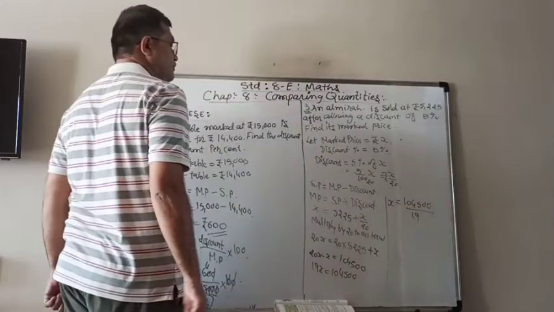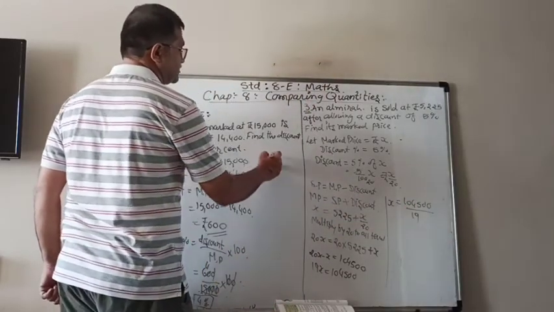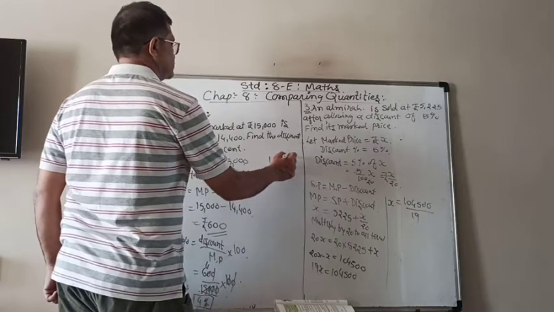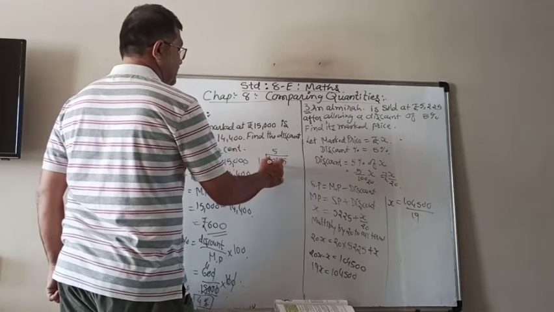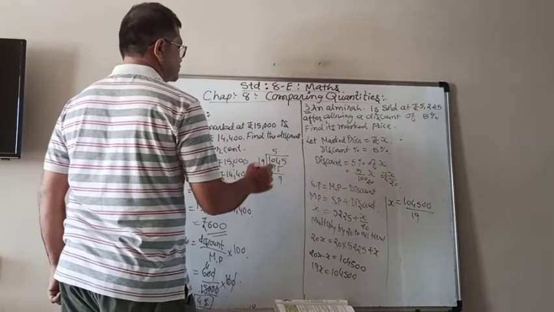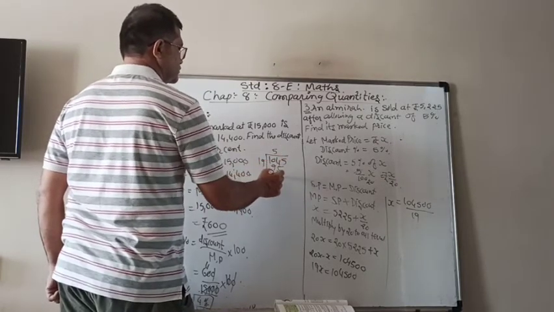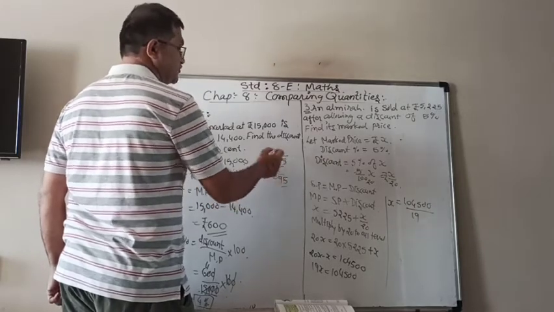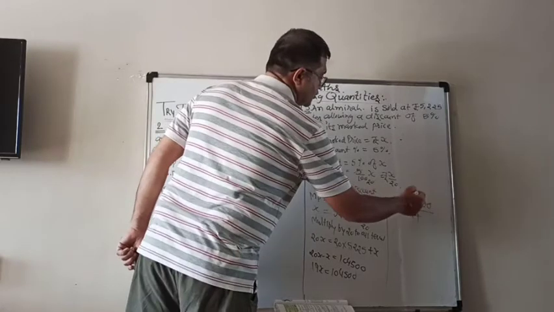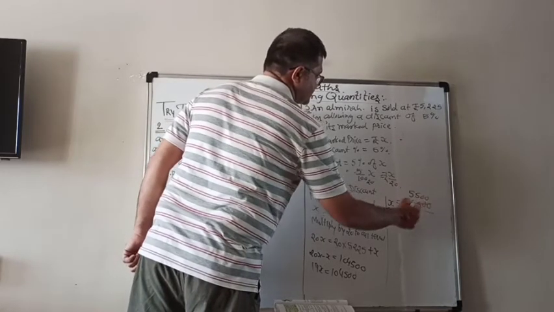So x is equal to 104500 divided by 19. 19 fives are 95. And then 19 fives are 95. So 55 and 0 0.